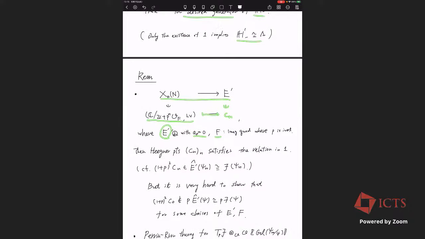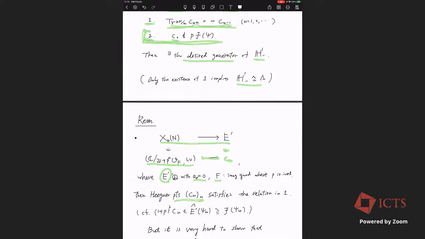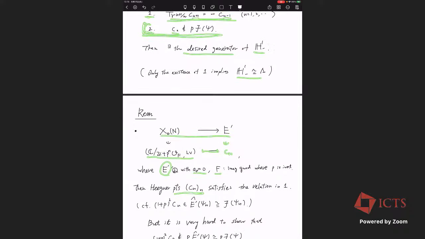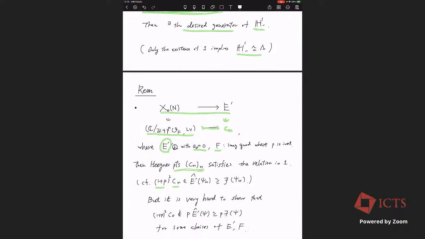Then such a system of Heegner points satisfies relation one. This is well known. You should note that c_n belongs to the formal group, and its formal group is isomorphic to F. So by using Heegner points, we can construct points of the formal group. It's a little bit strange: to prove local things, we use very global objects, modular parameterization and Heegner points.